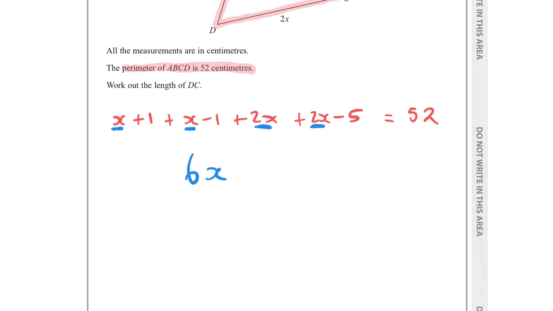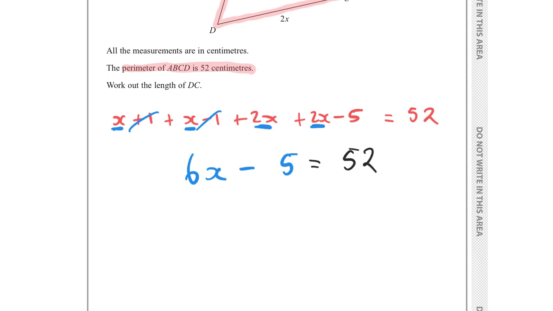Okay, now we've got plus 1 minus 1 is 0. So I'm going to cross them off because they make 0. And then what have we got left that we haven't done anything with? This here, minus 5. So 6x minus 5 is equal to 52.